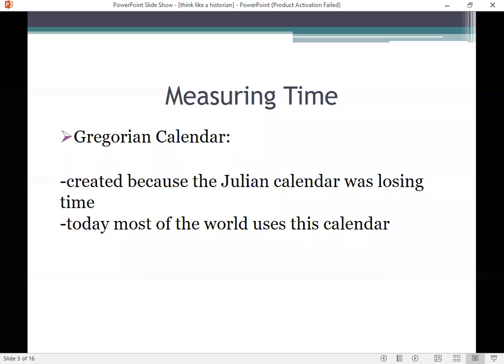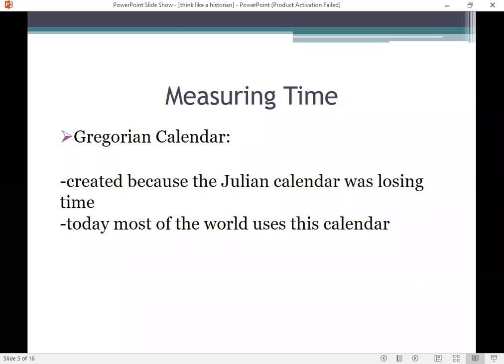Calendars do not identify time? Lulu? Oh, Lulu's not here.